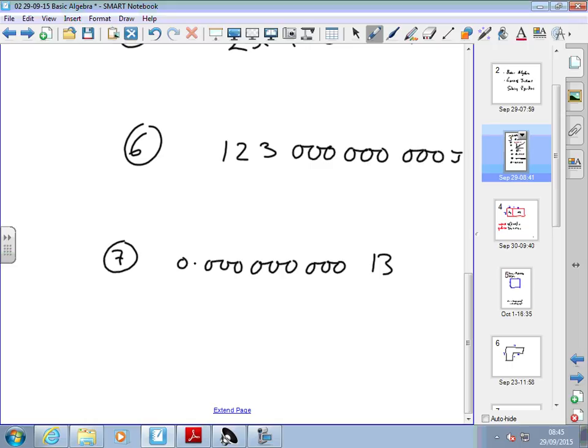Similarly, if that was a charge in coulombs, write that in engineering notation and also with a suitable prefix.